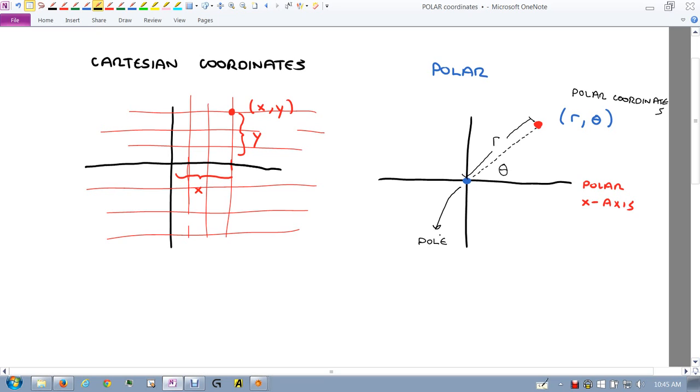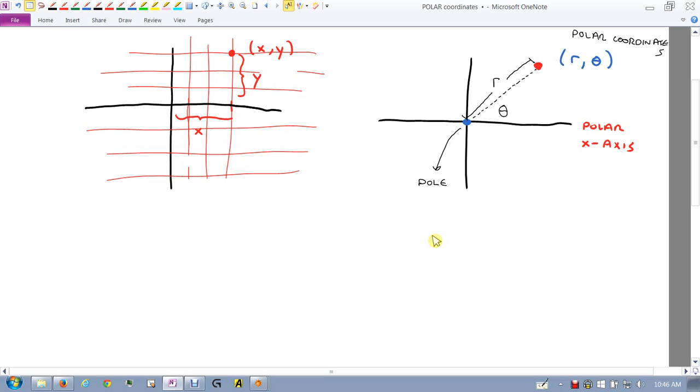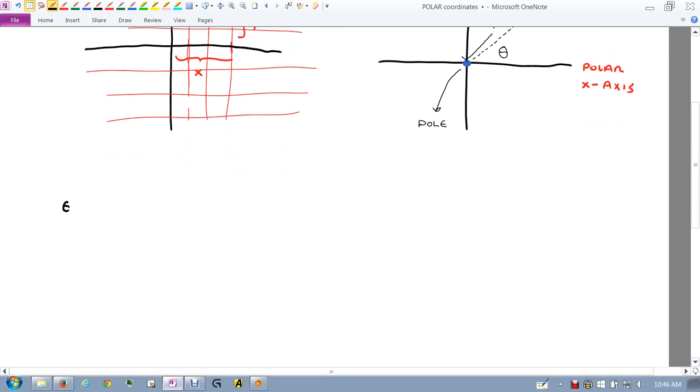And so let's just practice graphing a few polar points. All right, let's just see what they look like. As an example, plot the polar points. Let's do a couple of them. A. How about (1, pi)?